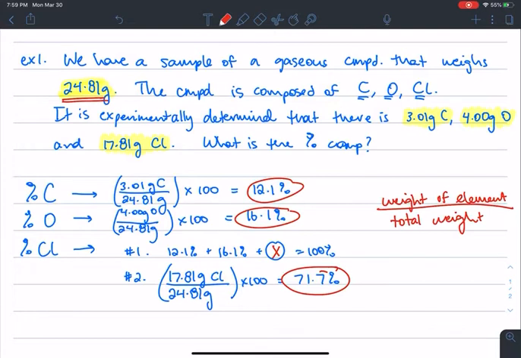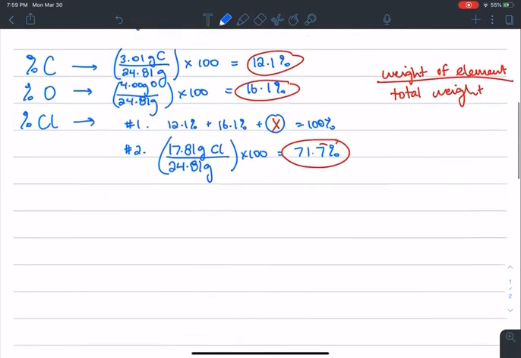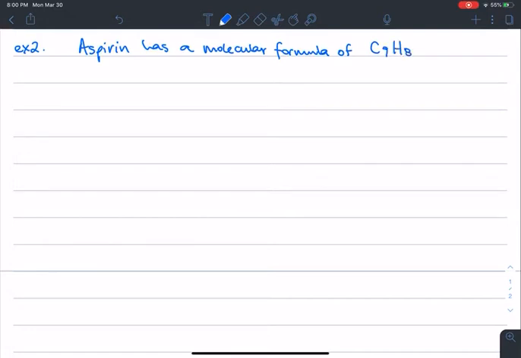Okay, let's do another example. Example 2: we have aspirin, which is a common anti-inflammatory drug. Aspirin has a molecular formula of C9H8O4.